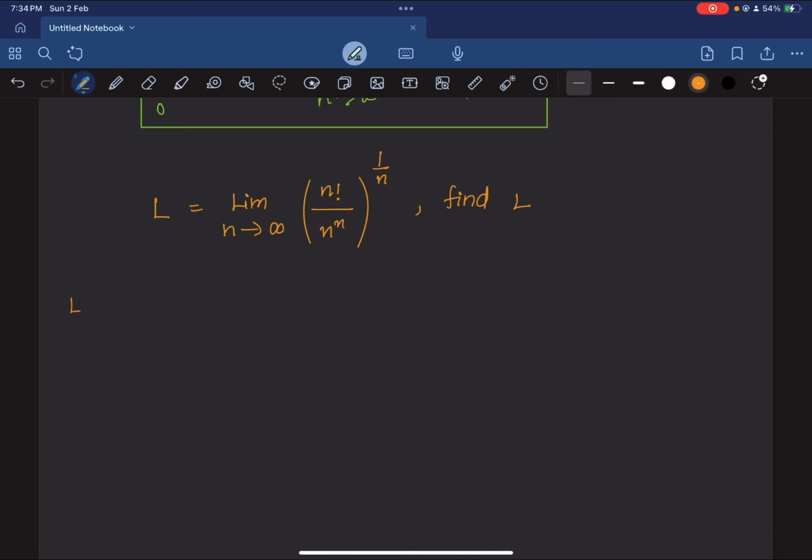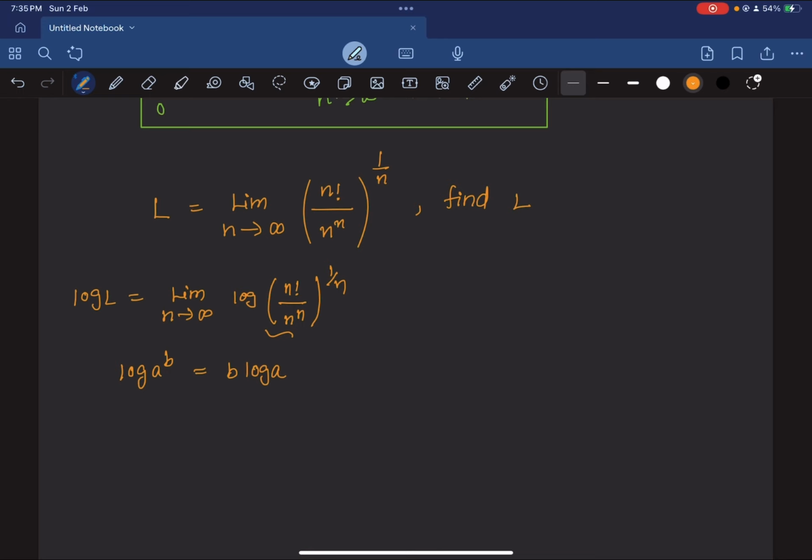So this is L. Let us apply logarithm to this limit on both sides. So log L is equal to limit n tends to infinity of log of n factorial by n to the power n, whole power 1 upon n. Now there is this result in logarithms: if you have log a to the power b, that is simply b times log a.